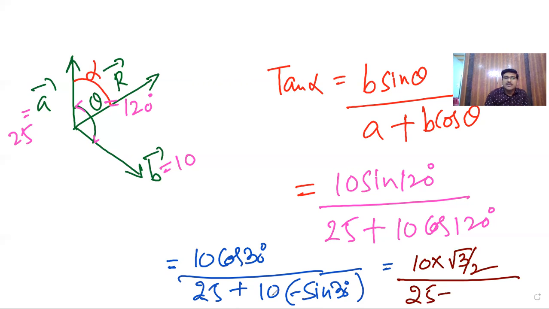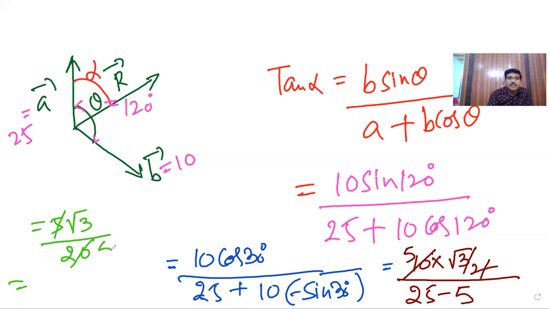So this becomes 10 into half, which is 5. So here I simplify it: 5 root 3 by 25 minus 5, that is 20. 5 root 3 by 20 is root 3 by 4.